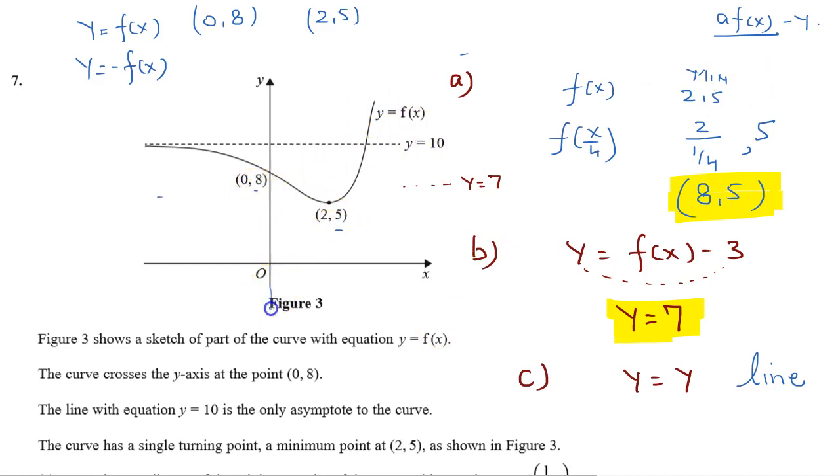So now we have to check the points 0, -8, so 0, -8 may be here. 2, 5 will be 2, -5. It will be here.